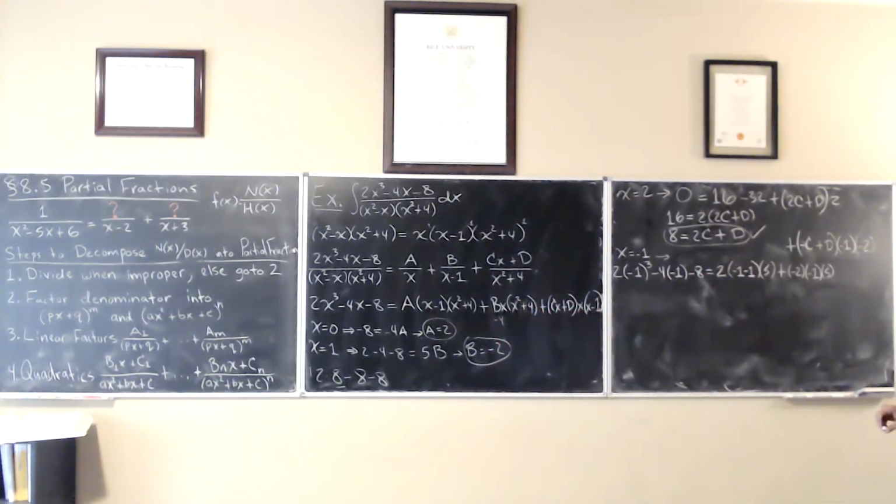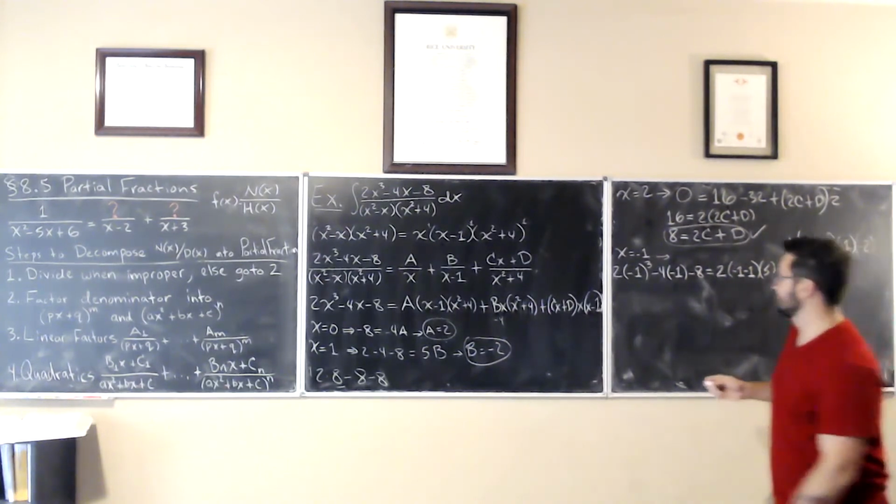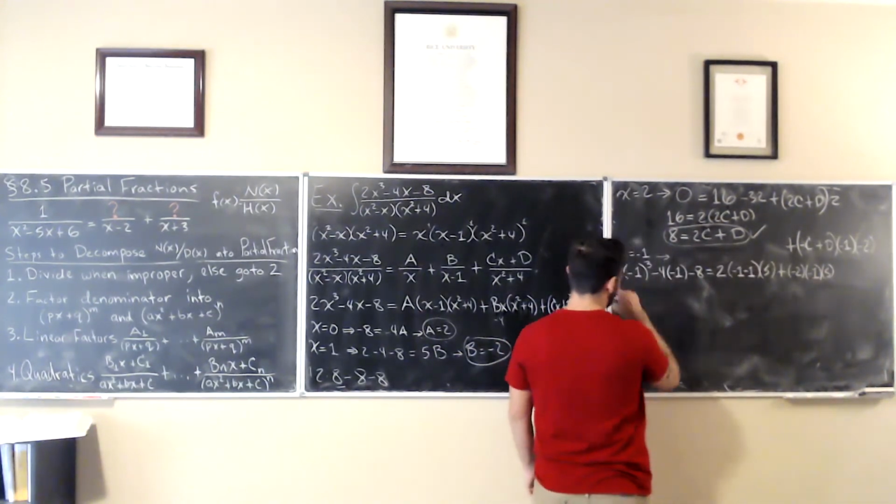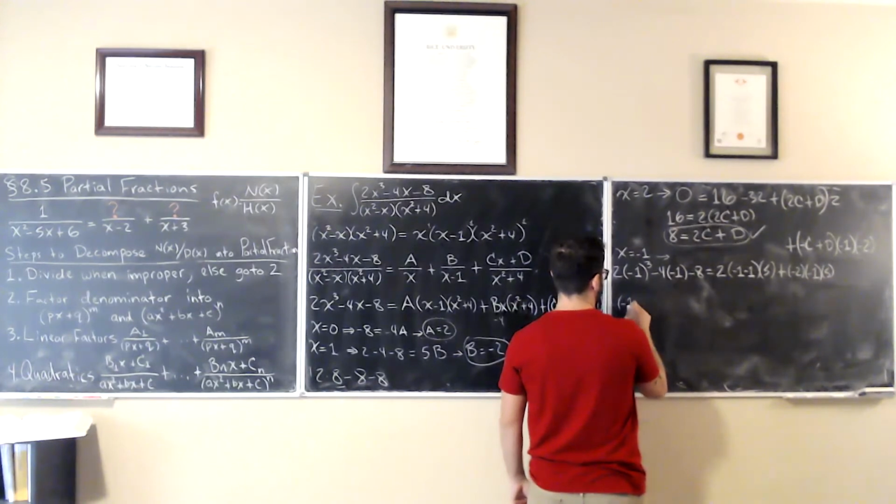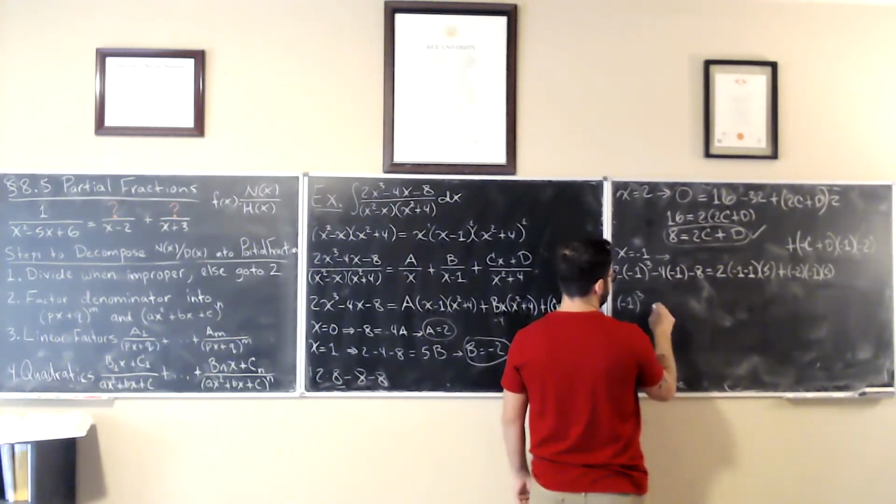So I'm going to divide by 2 on both sides of the equation to get rid of all those 2's. I'm just trying to be efficient with my space here.